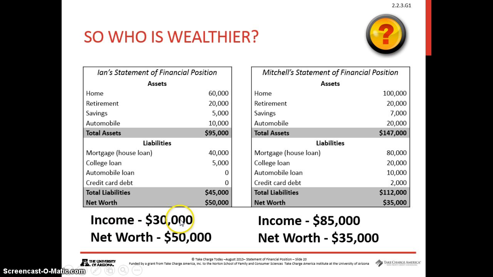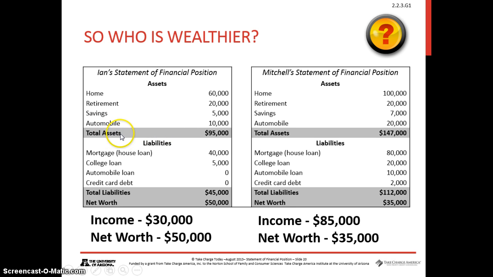Well, his income here is $30,000, and the income here is $85,000. Which one would you rather be? Even though Ian has lower income, his net worth is higher because he owns more things.